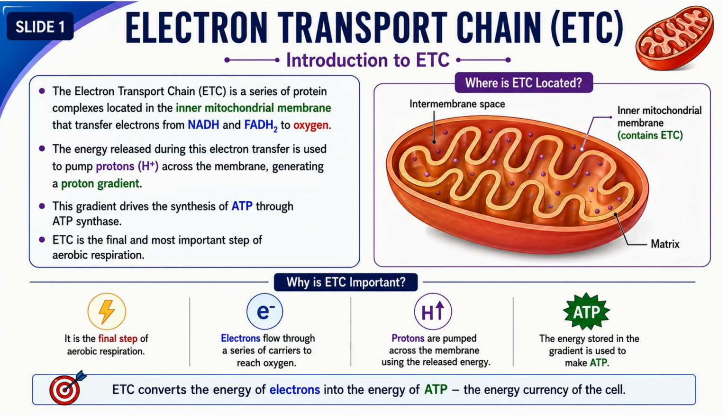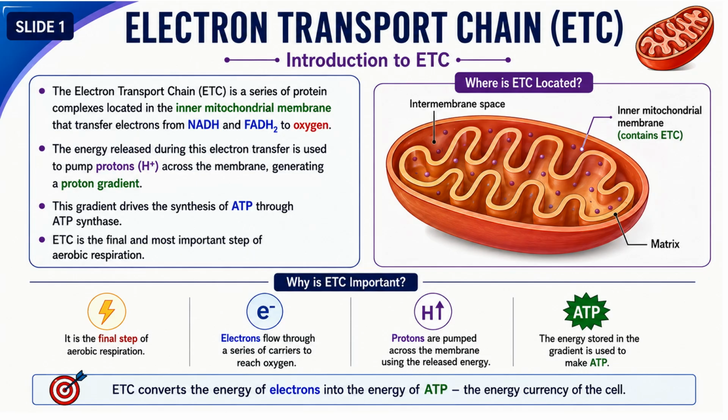As electrons move through the chain, their energy is used to pump hydrogen ions, or protons, from the mitochondrial matrix into the intermembrane space. This creates a proton gradient, with a higher concentration of protons in the intermembrane space than in the matrix. The stored energy in this gradient is then used by ATP synthase.